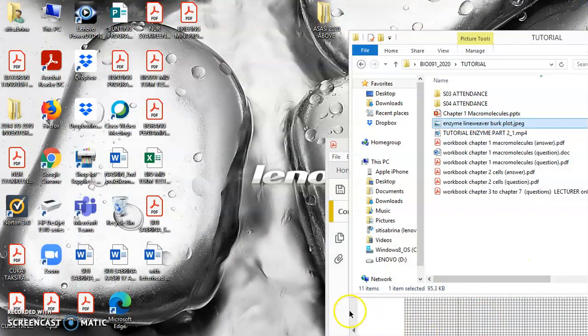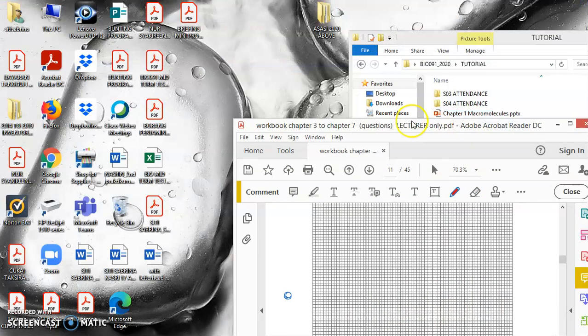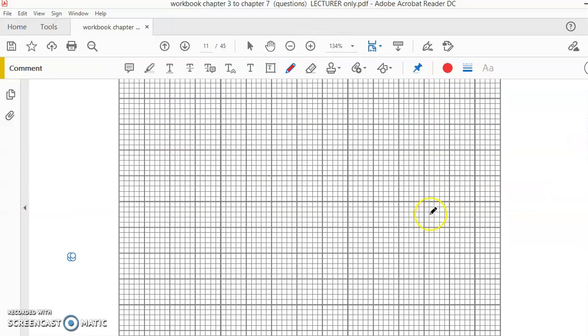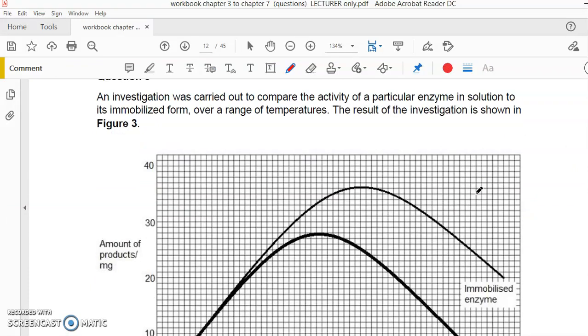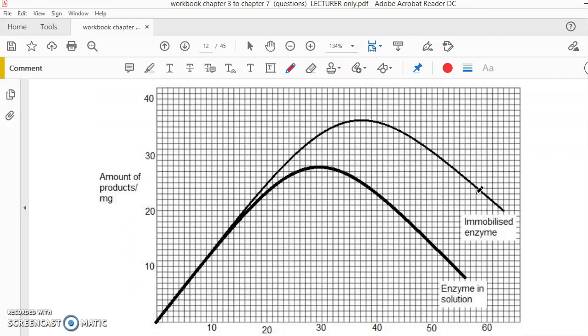Alright, so I proceed to the last question. This question involving two enzyme reactions. One is enzyme reaction in solution. The other one is immobilized enzyme.